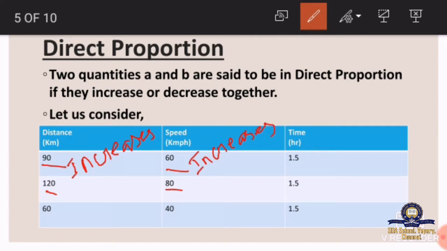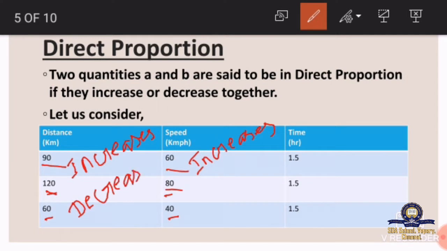Again, when the car travels 120 km at 80 km per hour, next the car travels 60 km at 40 km per hour. Here the distance decreases, and the speed also decreases.